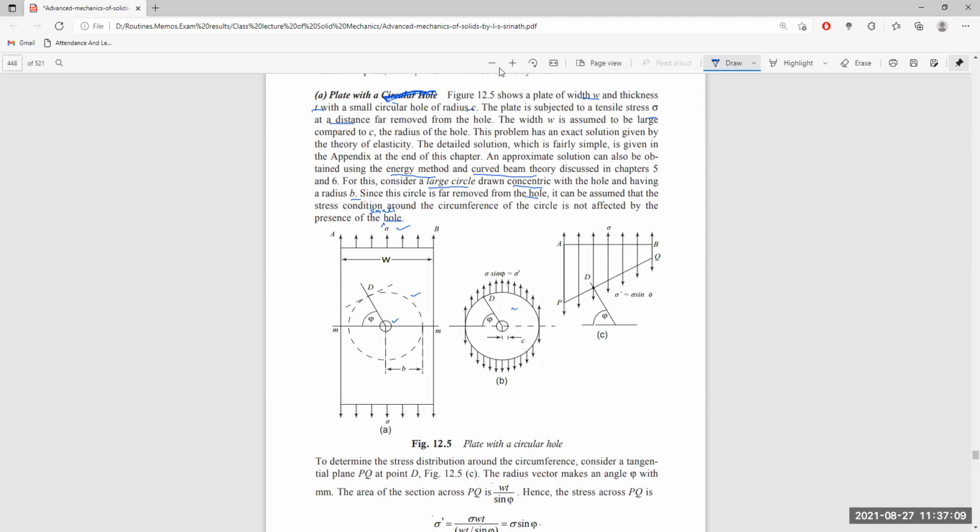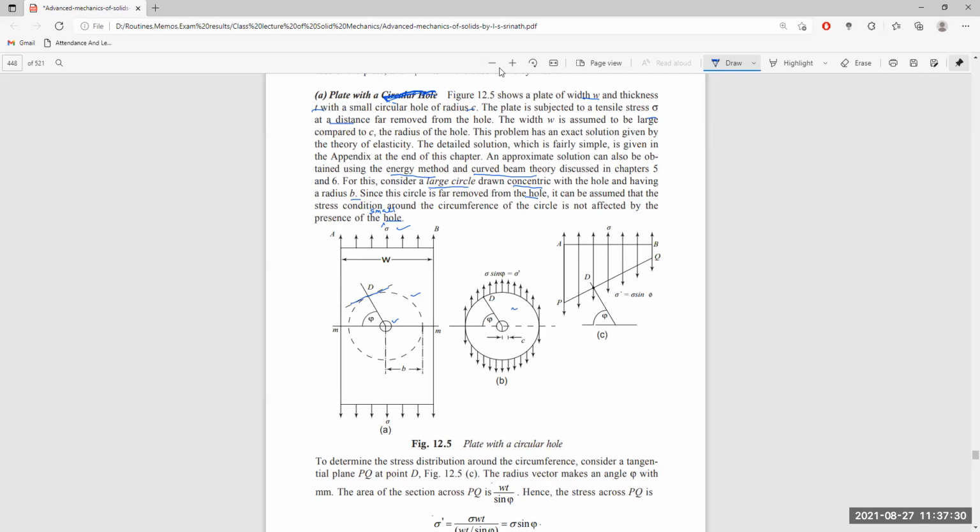Now, let us consider a triangular plane PQ. At the point D, we have a tangent like this, which is tangent to the circle and normal to the radius.